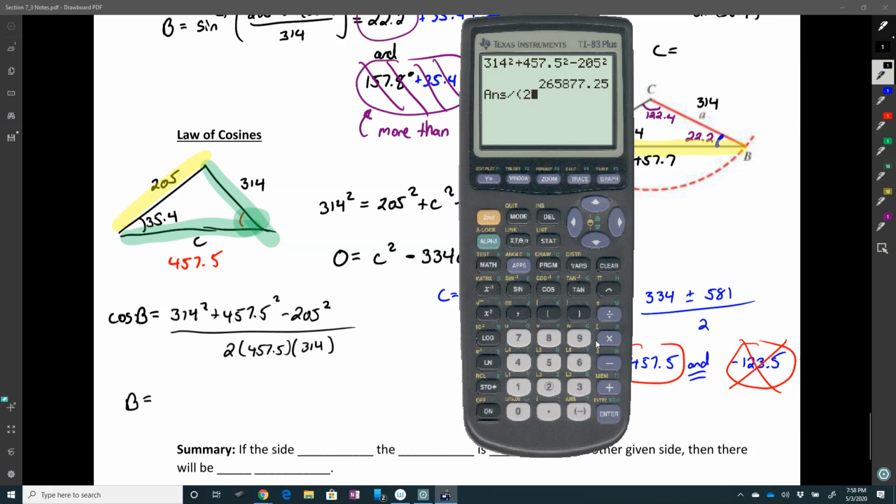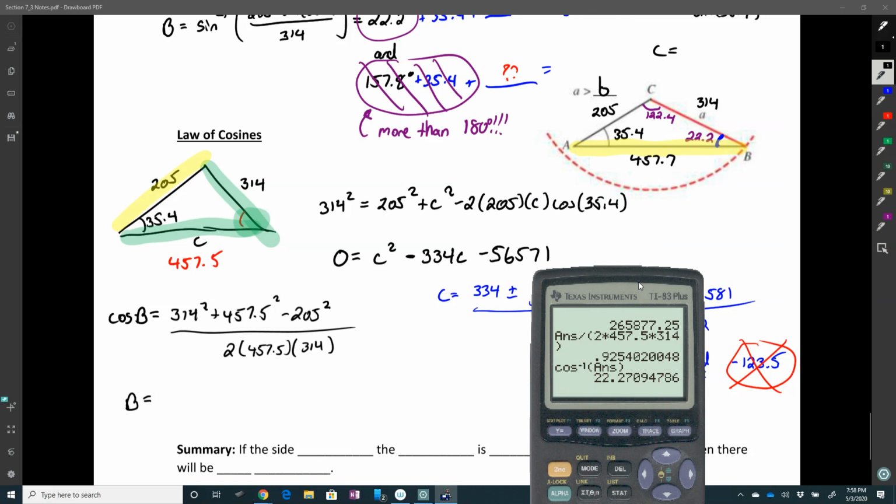Divided by parentheses 2 times 457.5 times 314. So b is equal to the inverse cosine of that stuff. Notice 22.3, but it's still extremely close.